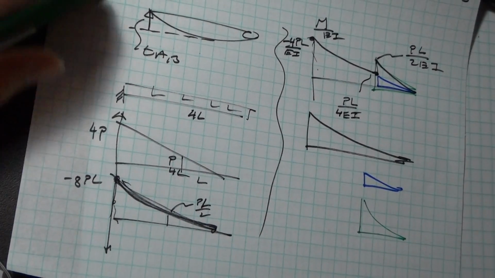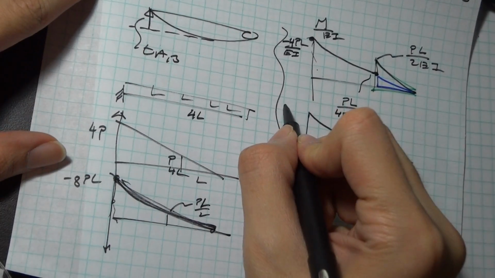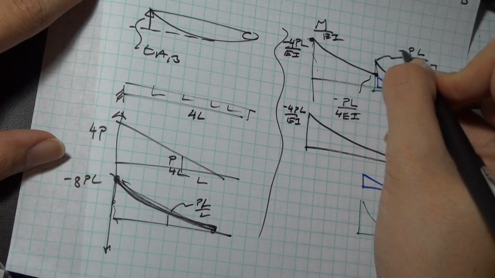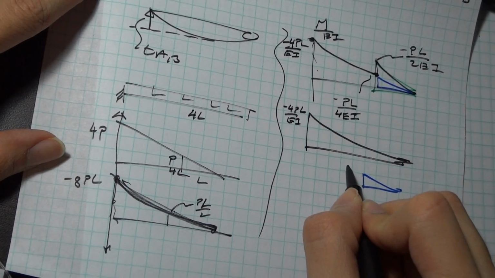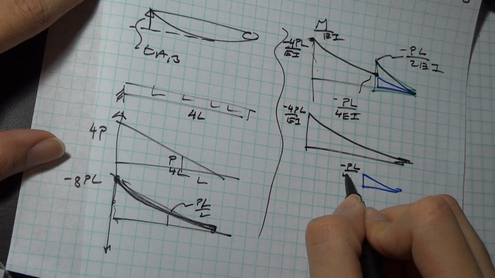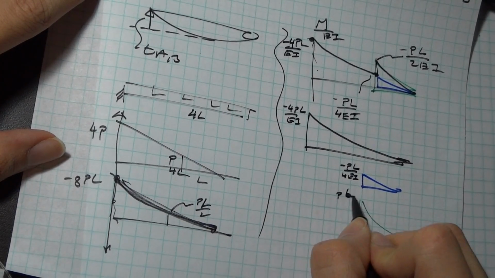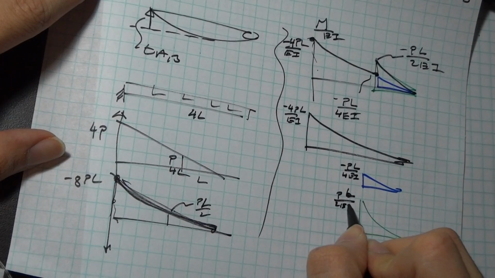So let me just draw the heights in here. This height here is negative 4PL on EI. This height here is negative PL on 4EI. This height here is PL on 2EI.